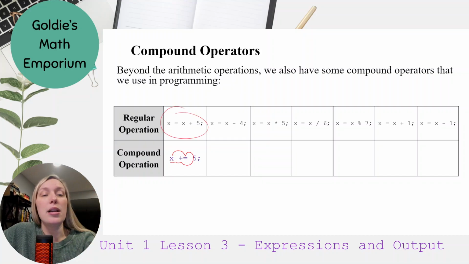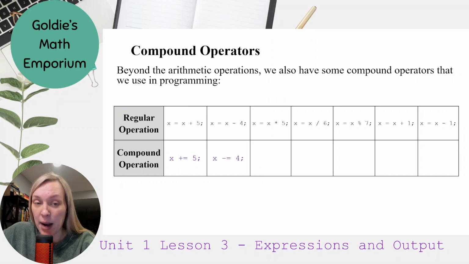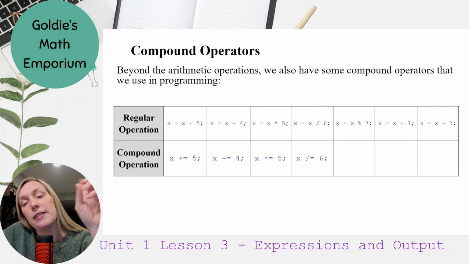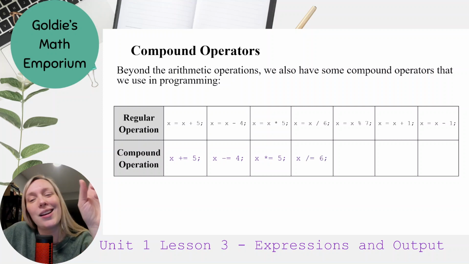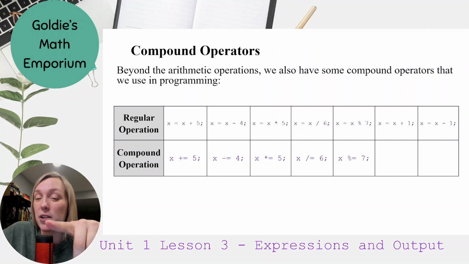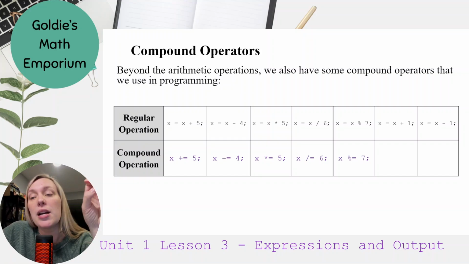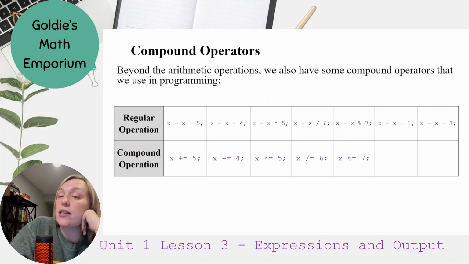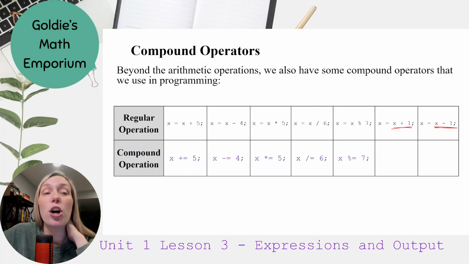Okay. We have one for subtraction, minus equals. For multiplication, times equals. Division, divide equals. Mod, when we talk about mod here in a few moments, mod equals. And then we also have special cases where we have +1 and -1. Okay, these are going to be called unary operators. When we just want to add 1 to the value or subtract 1 from a value, we can make it even more shorthand.